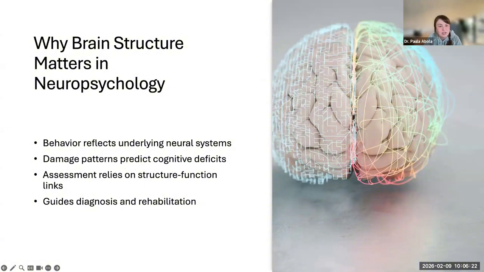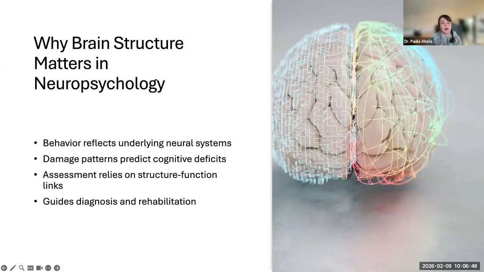Neuropsychology is fundamentally concerned with understanding the relationship between brain structure and behavior. Rather than focusing only on symptoms or test scores in isolation, neuropsychologists look for meaningful patterns, patterns of cognitive strengths, weaknesses, errors, and also preserved abilities.